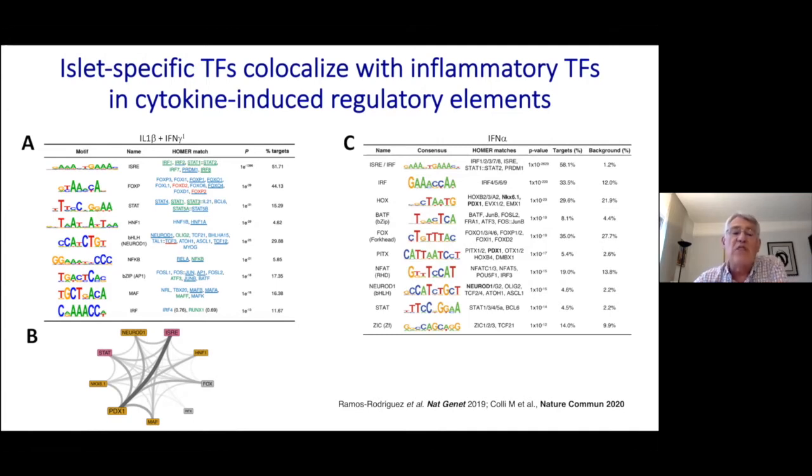And what we found is that there was co-binding of these beta cell phenotype related transcription factors and the new inflammation related transcription factors like STAT1, STAT2, IRF1, which were induced either by interferon alpha or by interferon gamma, suggesting that the fact that the chromatin is in some cases already open and bound to some transcription factors like PDX1 makes it easier for transcription factors like STAT1 to also bind.